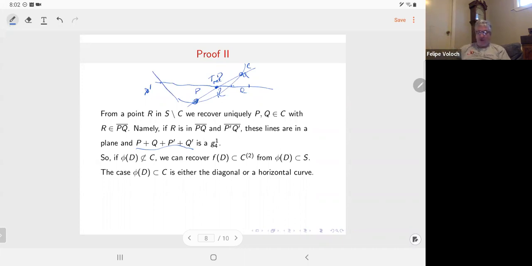So this is a G14. So a diagram like this, where you have two secants meeting at a point, gives you a G14. But one of the hypotheses in my theorem was that I have no G14s on my curve. So this is excluded.